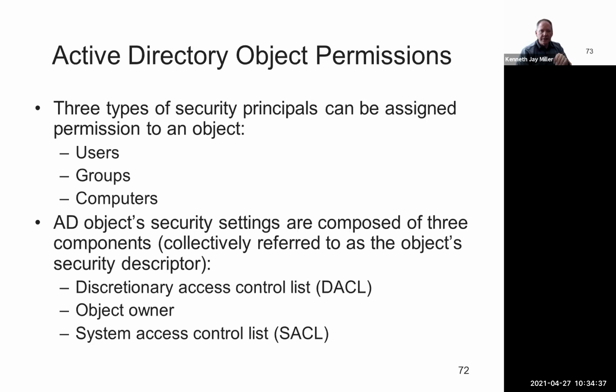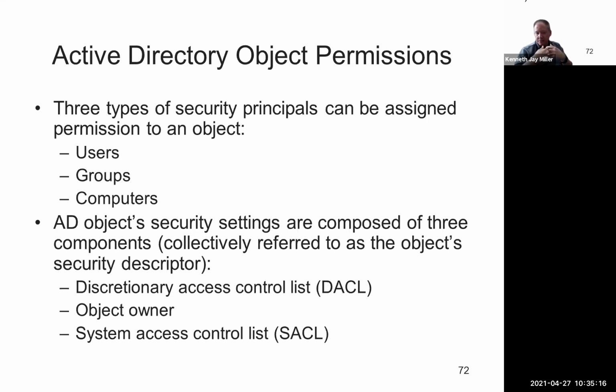Now, discretionary access control list means it's up to the discretion of whoever has permissions on that object. So typically our peer-to-peer networks are always discretionary access control. So we decide who can do what at our own discretion. Whereas a role-based or rule-based access control list is based on the administrator, right?